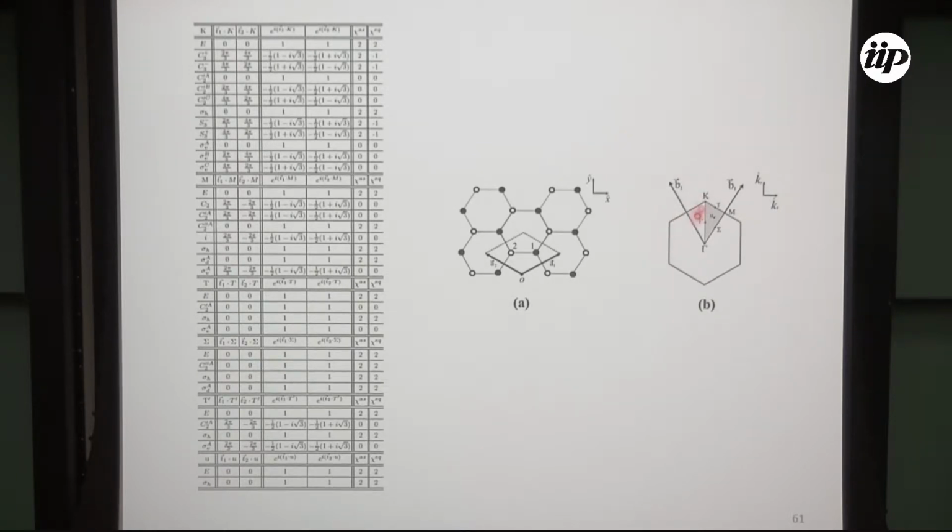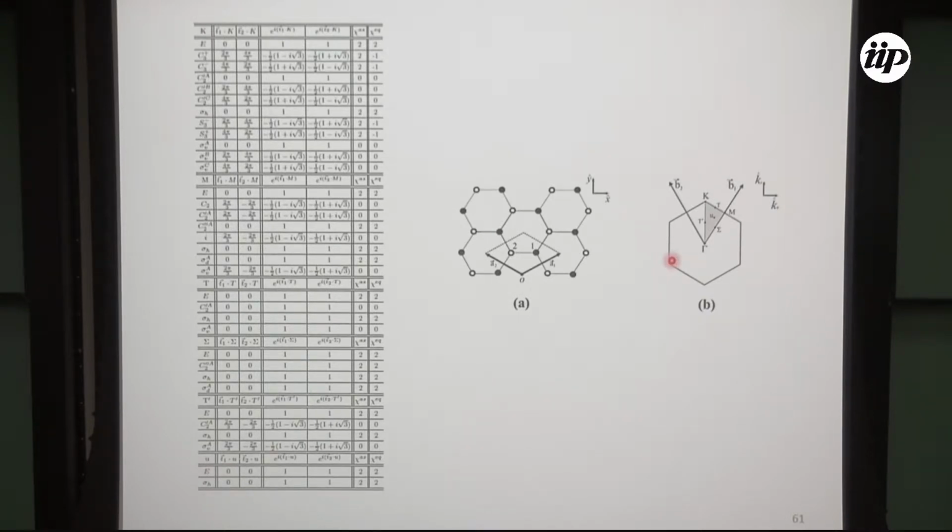This is not a Bravais lattice, and the K points, this one is equivalent to this one, and this one to this one, but this one is not equivalent to this one. So we build something called the star of K, and the star of K for the K point here would be a star with three-fold symmetry. So the K point has a three-fold symmetry, which lowers the symmetry of the system.